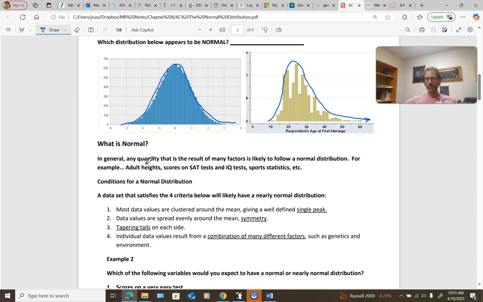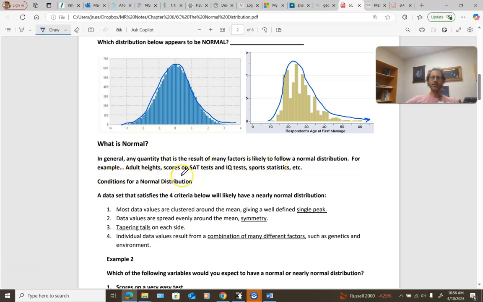The heights of red oak trees in a state park, or the trunk circumference or diameter of these red oak trees in a state park. Okay, scores on an SAT test, and that's actually probably what this is right here. IQ scores are actually normally distributed. Okay, interestingly enough. GPAs, grade point averages, are probably normally distributed. And then lots of sports statistics. Okay, so these are just a few examples.